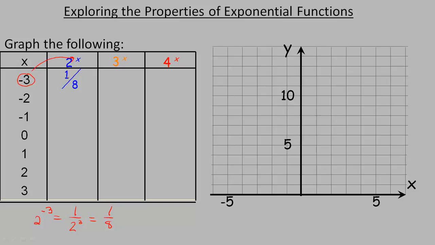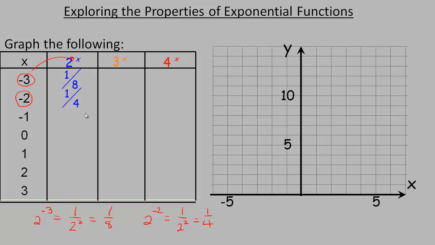The next one, we're going to put this -2 here in place of x. So we would evaluate 2 to the power of -2, which is 1 over 2 to the power of +2, and that means 2 times 2 or 4, so we get 1 over 4, or a quarter.